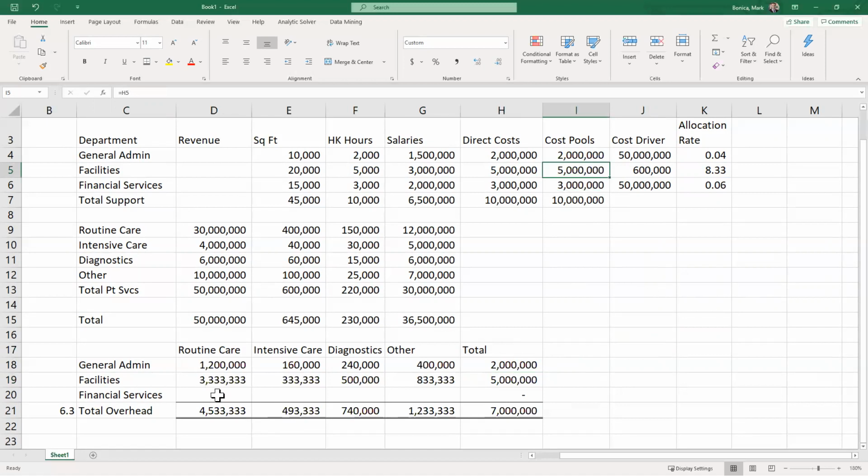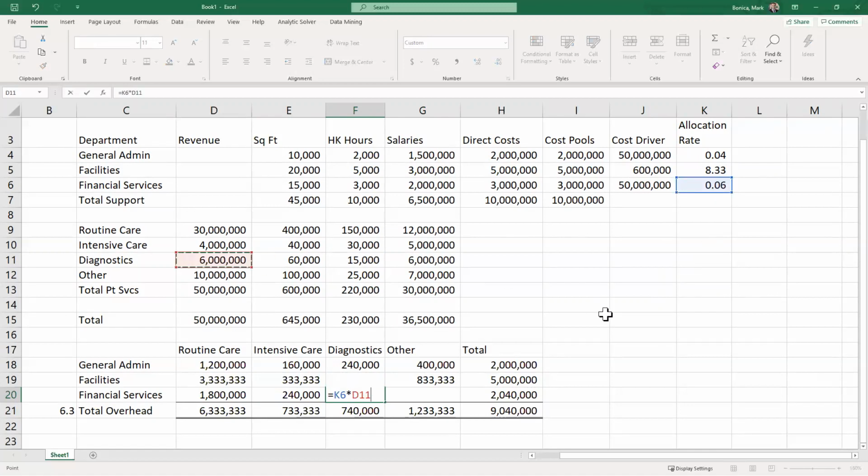Now for financial services, it's again the same thing: 6 cents per dollar of revenue times the number of dollars of revenue, which is 30 million, gives 1.8 million. 6 cents per dollar of revenue times dollars of revenue for intensive care, that's 240,000. 6 cents per dollar of revenue times $6 million in revenue gives us 360,000.